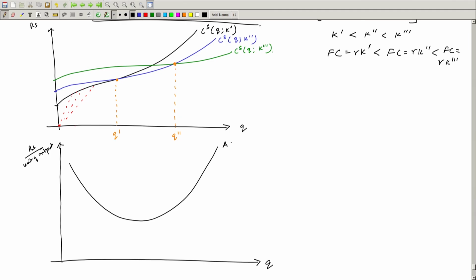So, I am going to get an average cost curve in the short run where I have k prime amount of capital.